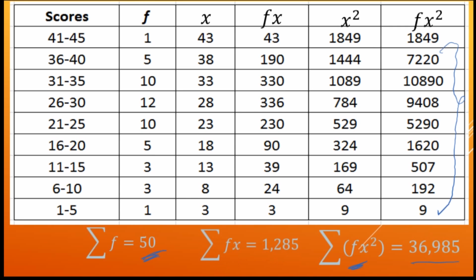We also need the summation of fx, and that is equivalent to 1,285 if you add all the numbers under the column fx. So again, we need the summation of f, summation of fx, and the summation of fx squared. Don't forget these values because we will be needing them in our formula.